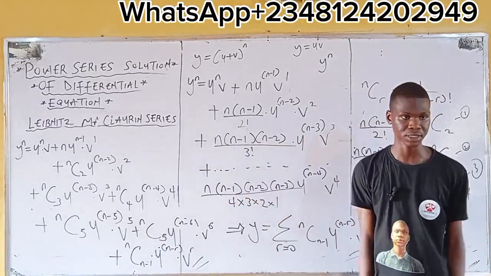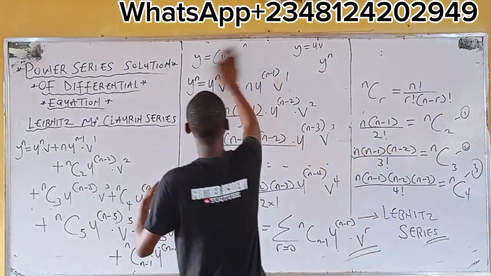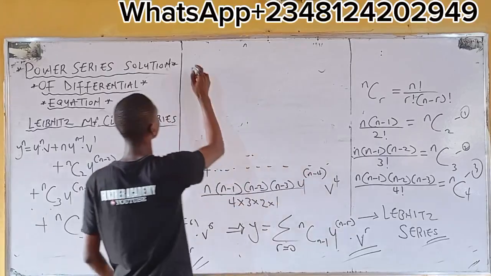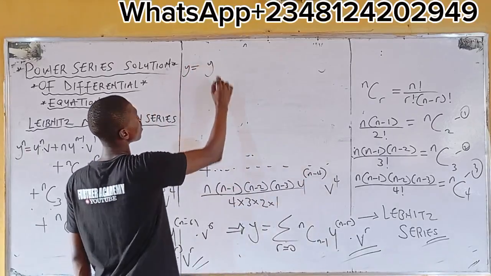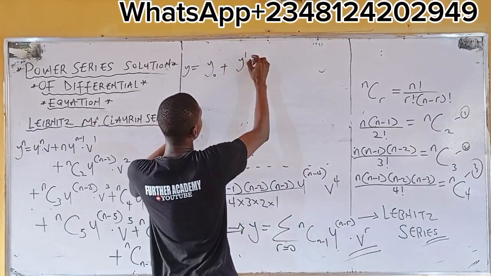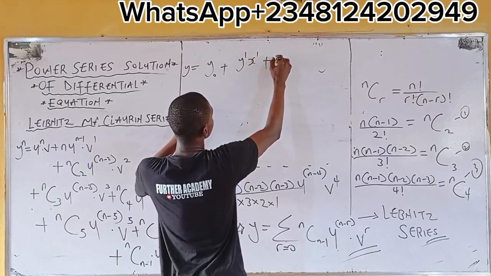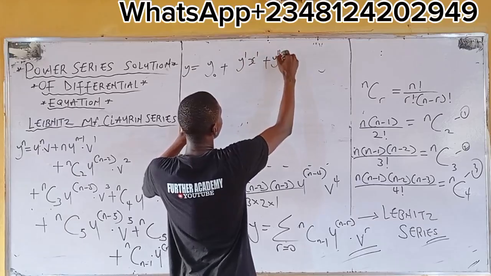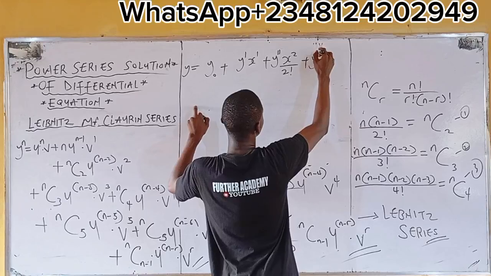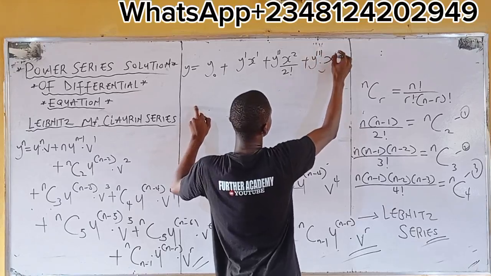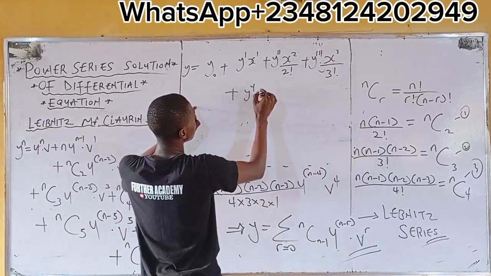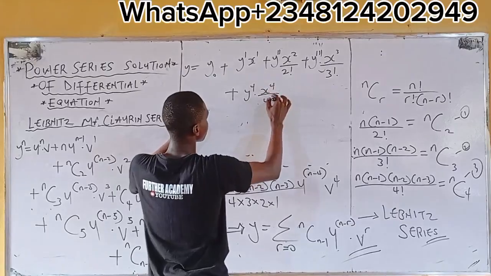What about Maclaurin series? Recall that your Maclaurin series, you can have it as y equals y naught plus y raised to the power of 1 multiplying x raised to the power of 1, plus y raised to the power of 2, or you say y prime multiplying x raised to the power of 2 divided by 2 factorial, plus y raised to the power of 3 multiplying x cubed divided by 3 factorial, plus y raised to the power of 4 multiplying x raised to the power of 4 divided by 4 factorial.